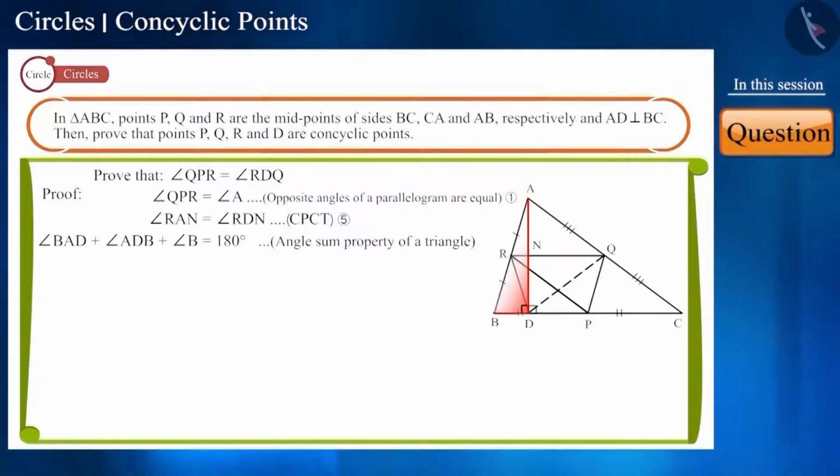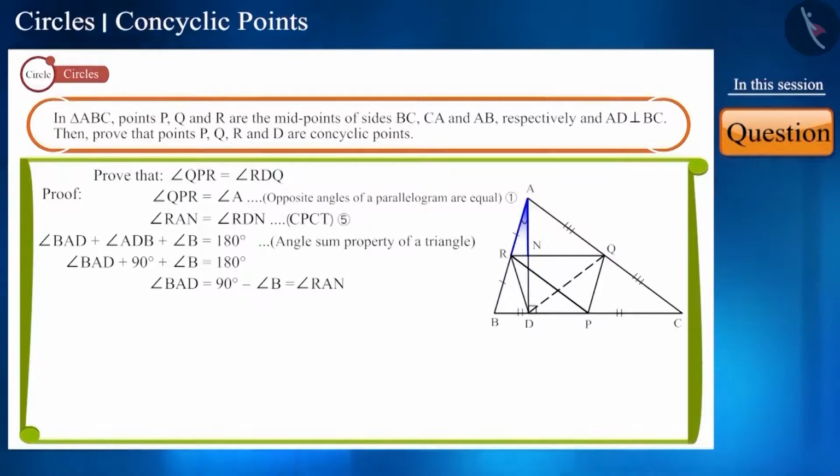And you can see that angle ADB is a right angle, so we can write angle BAD as 90 degrees minus angle B. Angle BAD and angle RAN are the same. That is, angle RDN, or we can say angle RDA also, will be equal to 90 degrees minus angle B.